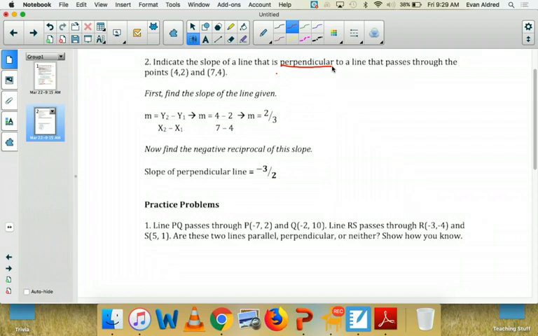So if we know the points (4, 2) and (7, 4), well, as we've done before, we'll assign one (x2, y2) and one (x1, y1). So I'll call (4, 2) my (x1, y1), or my first point.